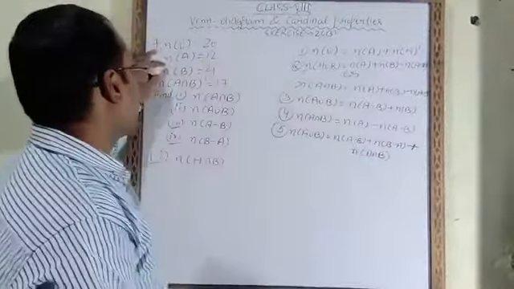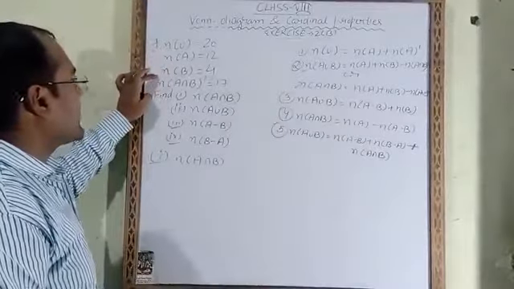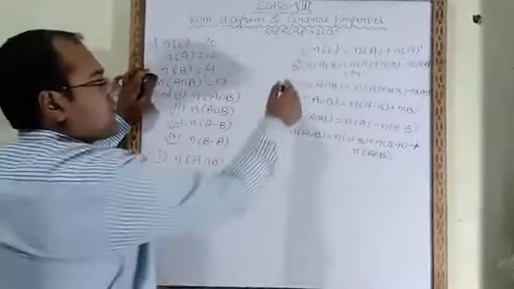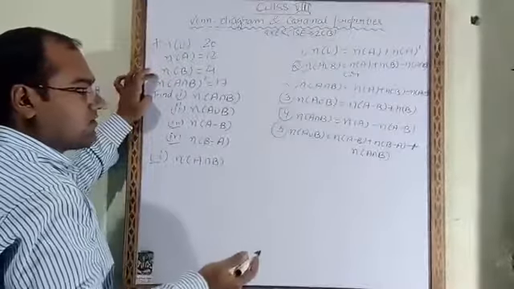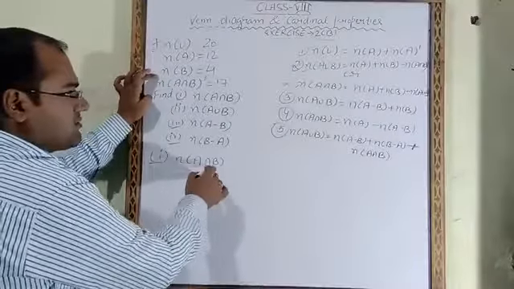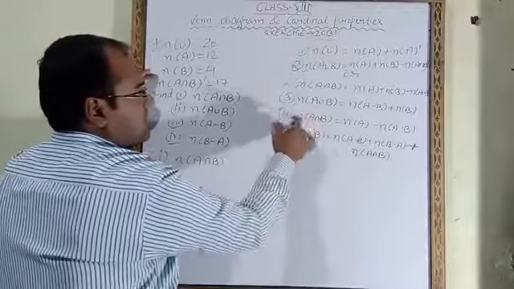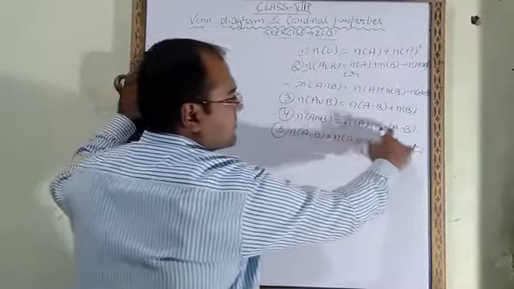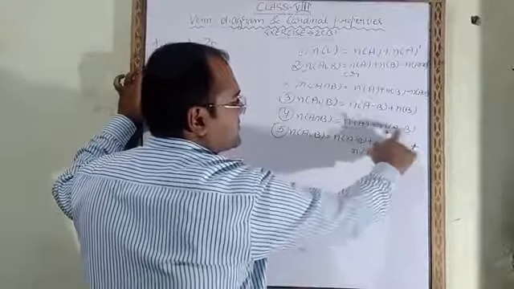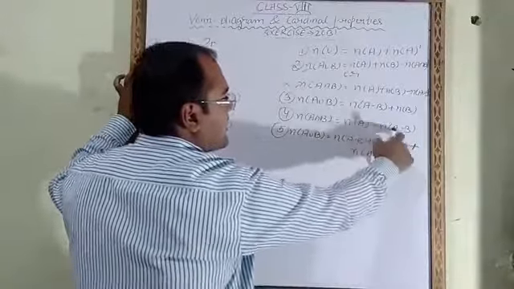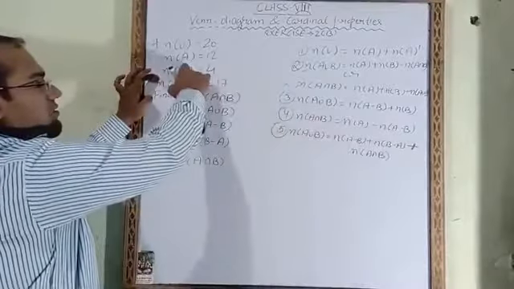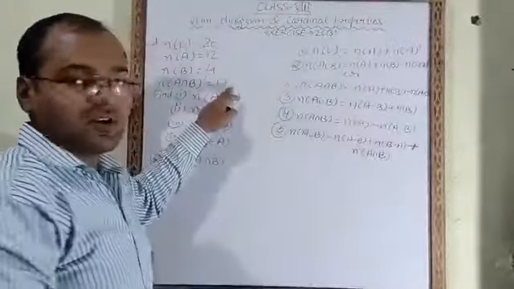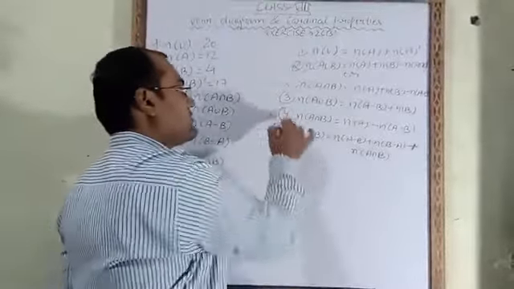Check it. n(A) we are having, n(B) we are having, but this n(A union B) we are not having, so we will not use this formula. Now another formula in which n(A intersection B) is coming, this one. In order to find n(A intersection B), we need n(A) minus n(A minus B). So 2 terms we need, n(A) and n(A minus B). n(A) we are having, and what about n(A minus B)? This term we are not having, so we will not use this formula also.